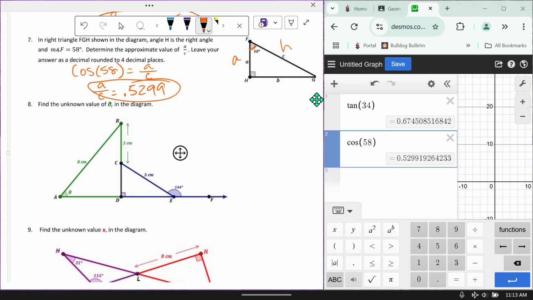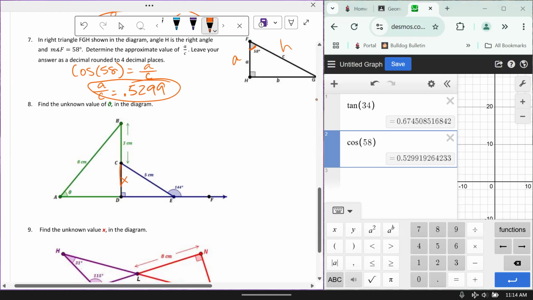We have our 5 centimeters. We need to figure out what this guy is in order to get the whole length. Okay, so we need to figure out this little length right here to start with. And we are given 5, so we're given our hypotenuse, and we need this one. Now, here's 90 degrees. We don't know what this angle is, but we can figure out that guy, right?